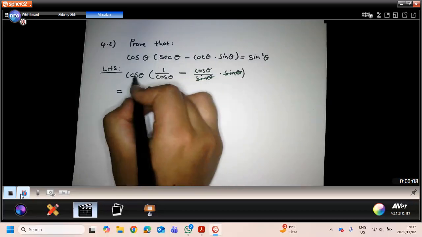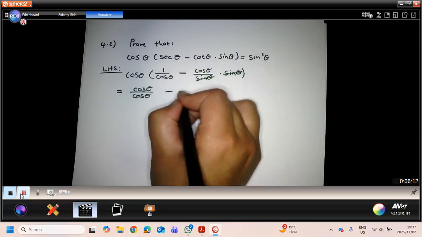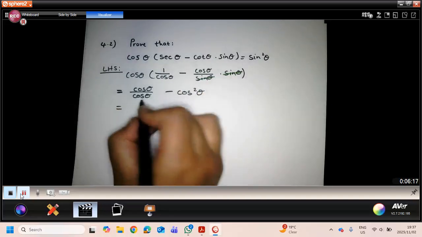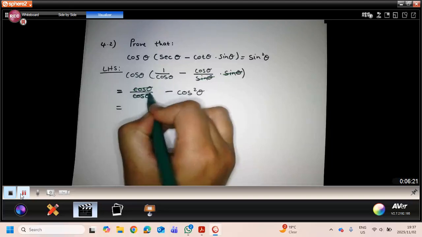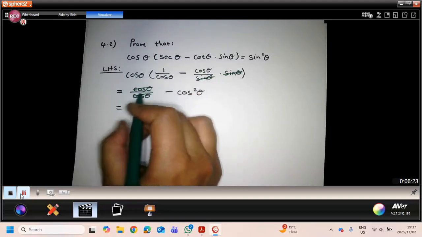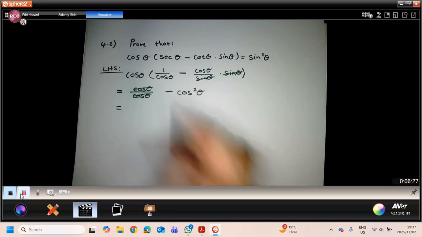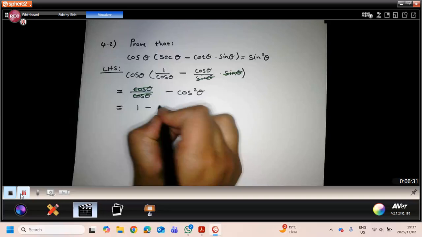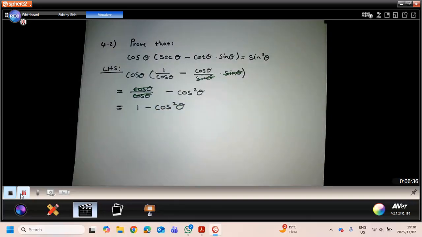Then we're going to multiply it with negative cos, and that will give us negative cos squared theta. And this is now division, the same denominator and numerator, so that will give us 1 simplified, and then we have 1 minus cos squared theta.